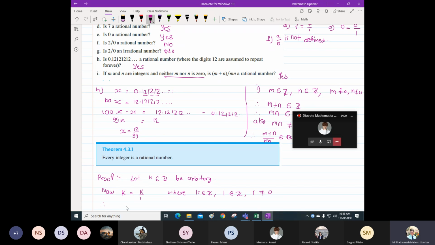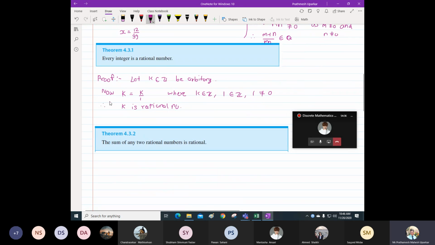Therefore, I can say that k belongs to the rationals. So I have shown that k is a rational number. That's it. As k belongs to z is arbitrary, therefore for all k belongs to z, k is a rational number.